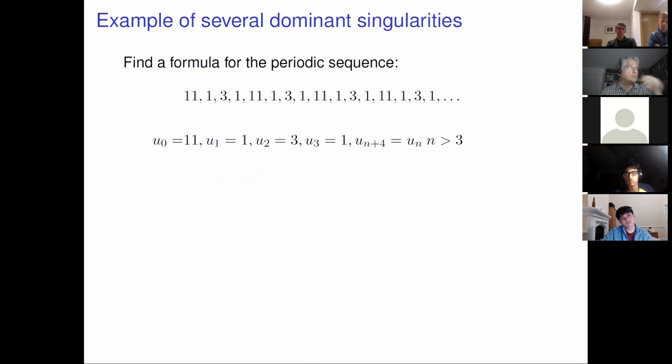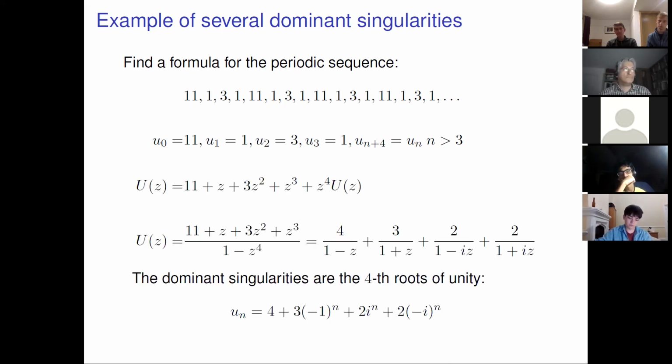Let me show you another elementary toy example, of a case where you have more than one dominant singularity. Let's say that you want to find a closed formula for this periodic sequence. You define the generating function equation, solve for it, and then use partial fraction decomposition.